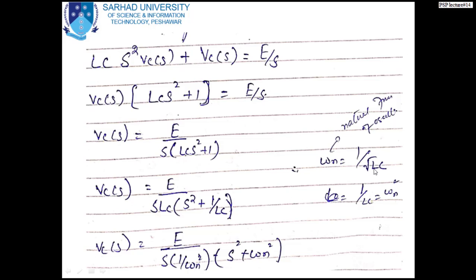So shifting 2 pi here, we have omega n. So 1 over LC is equal to omega n squared, because omega n is equal to 1 over the square root of LC. So replacing 1 over LC with omega n squared, we have omega n squared in the denominator.